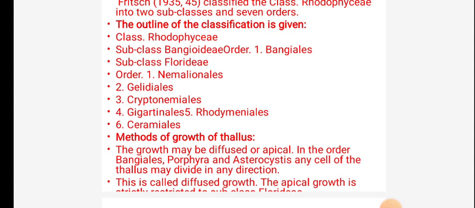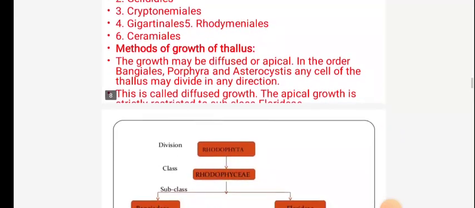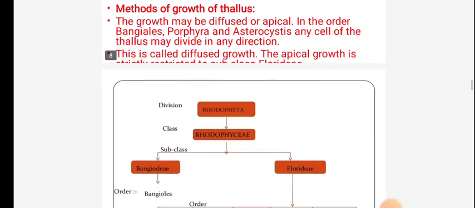Second order, Gelidiales, Cryptonemiales, then Gigartinales, Rhodymeniales, and the Ceramiales.